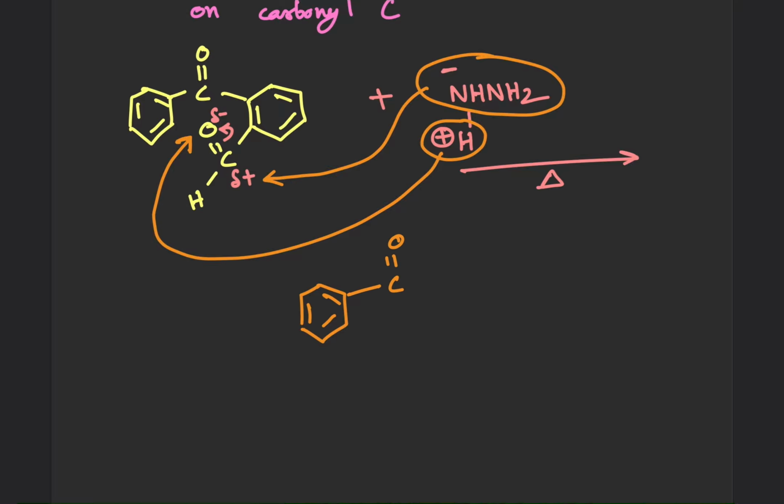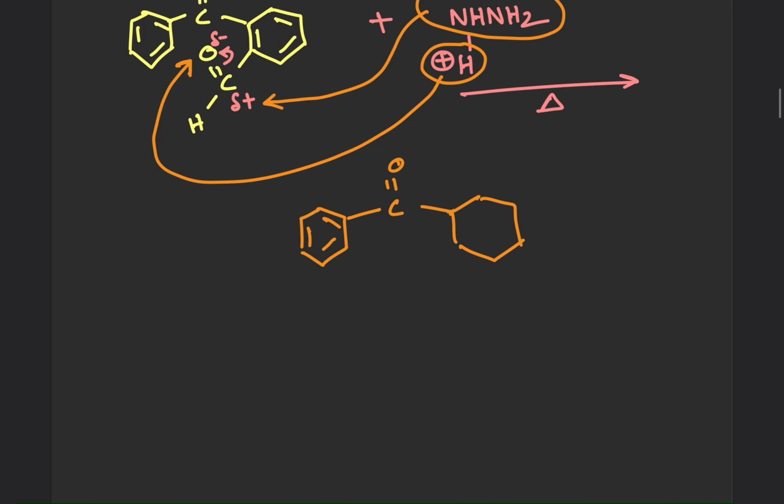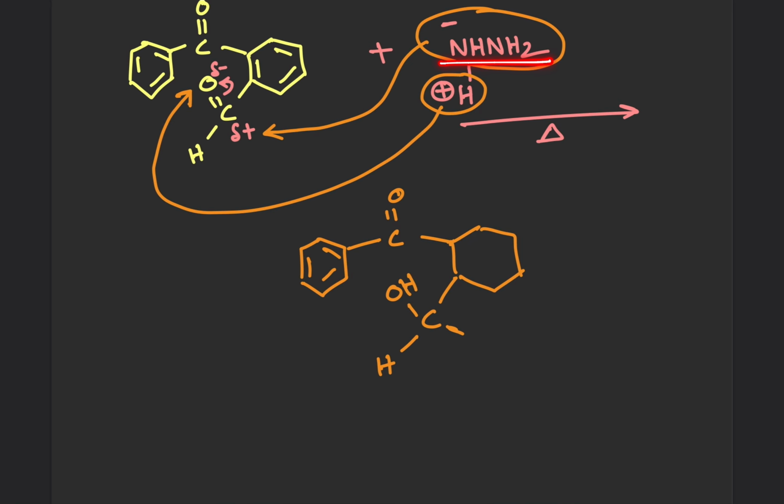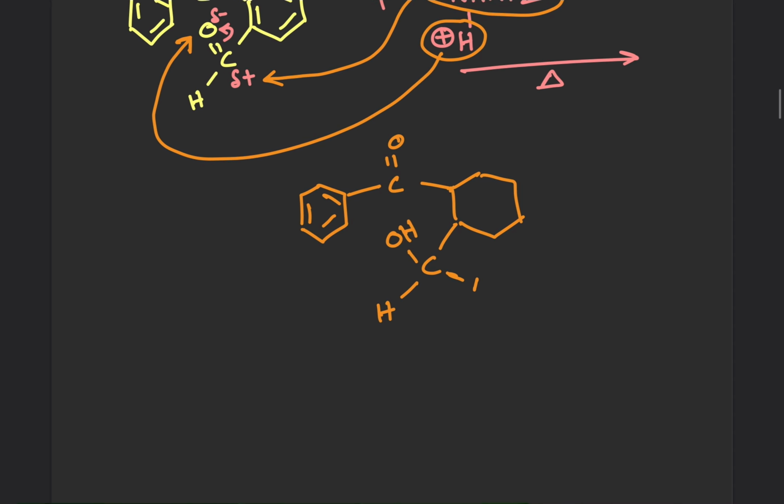So we will get a benzene ring, C double bond O, benzene ring, C connected to OH, which is connected to H, and it is connected to NH2. So N, which is connected to H, and it is connected to NH2, and obviously this is a benzene ring.